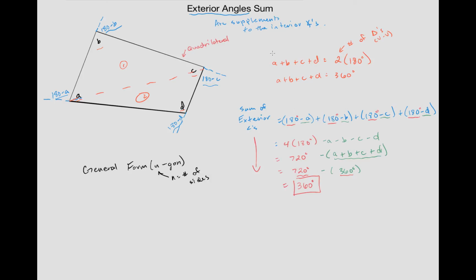So starting here, I'll call this kind of step 1, is that I figured out what all of the interior angles added up to. And so in this case, that'll just be A plus B plus C plus dot, dot, dot for as many sides as there are. And so that's going to be n angles because there are n sides.